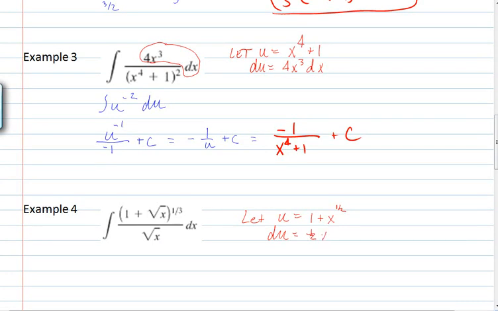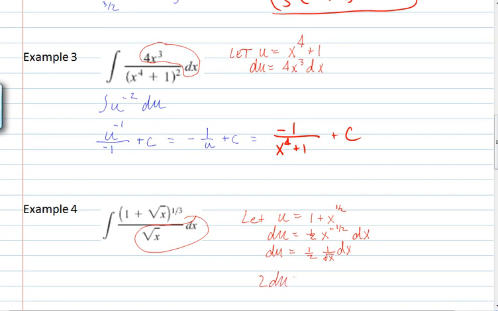It's 1/2 x to the -1/2 dx. So du is equal to 1/2 times 1 over the square root of x dx. Well, I have the 1 over square root of x dx, so what do I have to do? What am I going to substitute in?